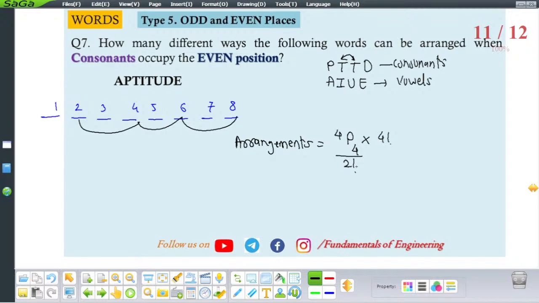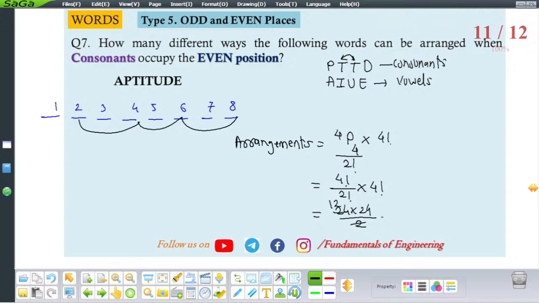So 4P4 is nothing but 4 factorial, because in the denominator n minus r, 4 minus 4 will be 0, and 0 factorial is 1. The numerator gives 4 factorial into 4 factorial, divided by 2 factorial. So 24 into 24 divided by 2.